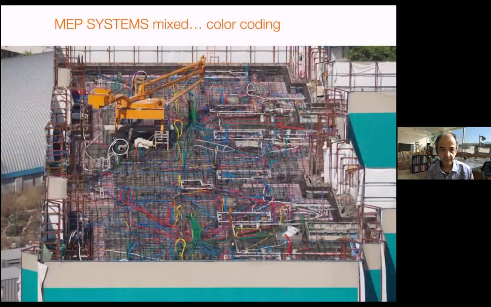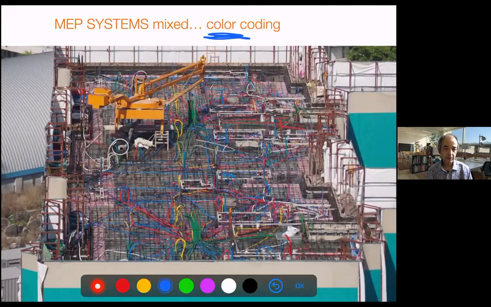Only one more thing is the color coding. This is a construction site, an apartment building, and you see a mess of cables and pipes with color codes. This is scary because many of those pipes are inside the concrete, and you see there are areas of the concrete which are almost just void pipes, and this is not calculated.